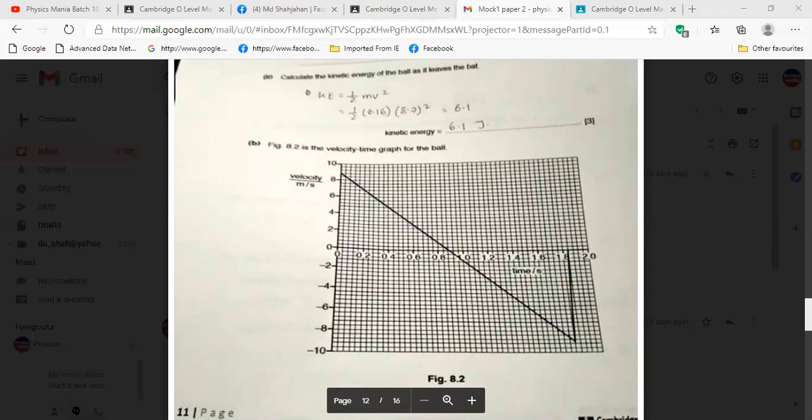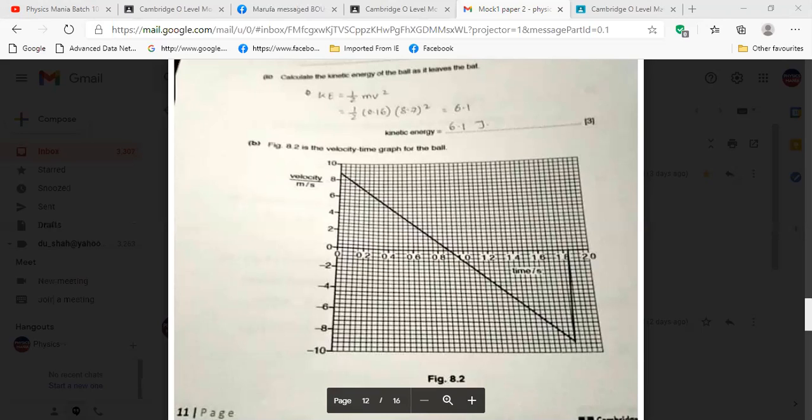No, no, wait, I made a mistake. So 0.84. So it is coming 0.84.